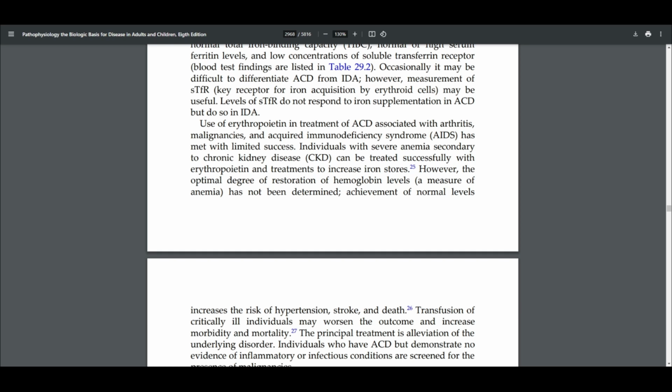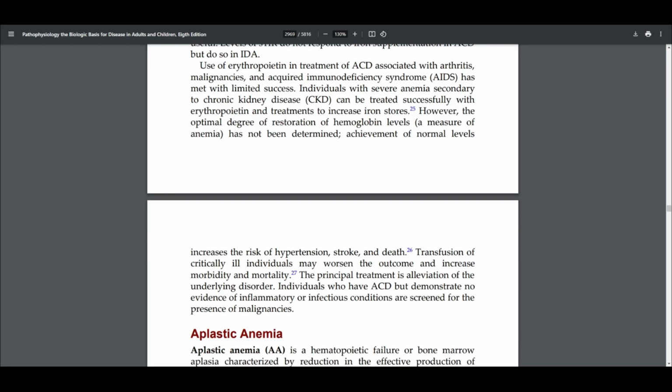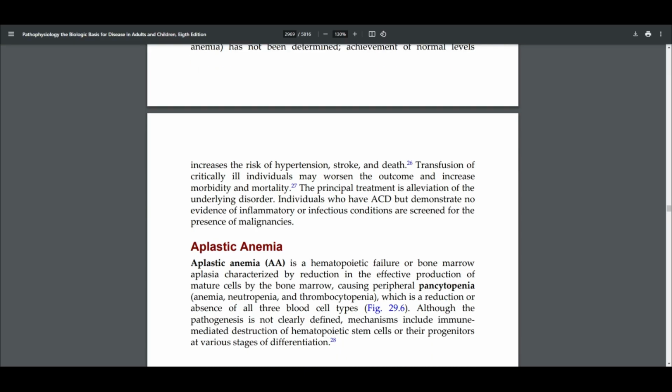Individuals with severe anemia secondary to chronic kidney disease can be treated successfully with erythropoietin and treatments to increase iron stores. However, the optimal degree of restoration of hemoglobin levels has not been determined, so the achievement of normal levels increases the risk of hypertension, stroke, and potential death.